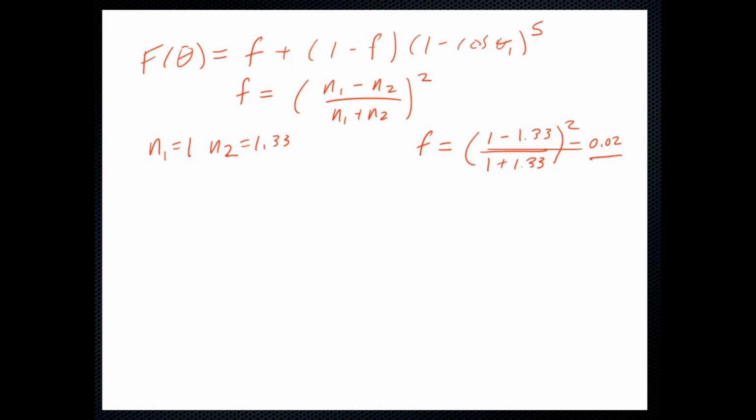And if we start playing with some angles, put in 0 degrees, we end up with basically 0.02 plus 0.98 times 1 minus cosine of 0 degrees to the 5th power.